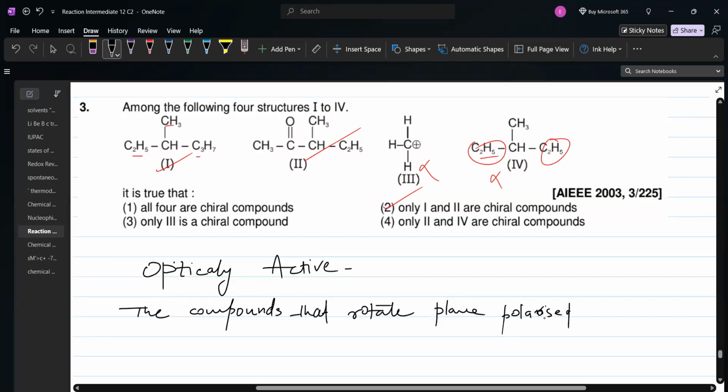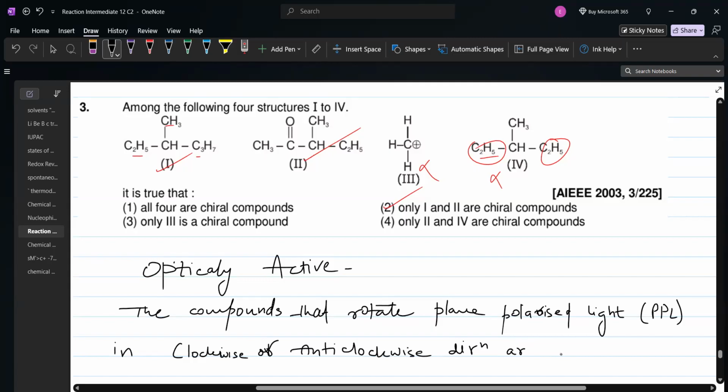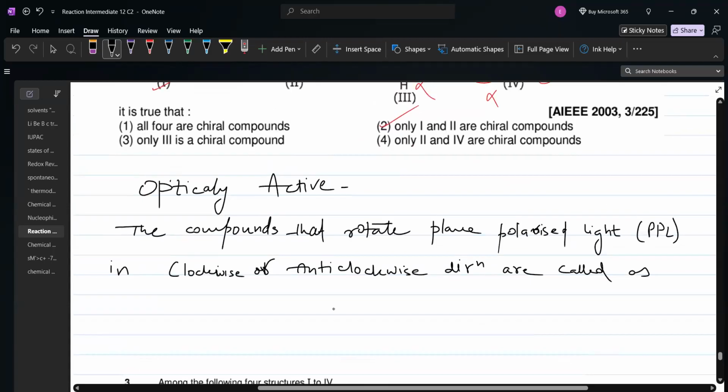The compound which rotates the plane polarized light, PPL, in clockwise or anti-clockwise direction, is called an optically active compound.